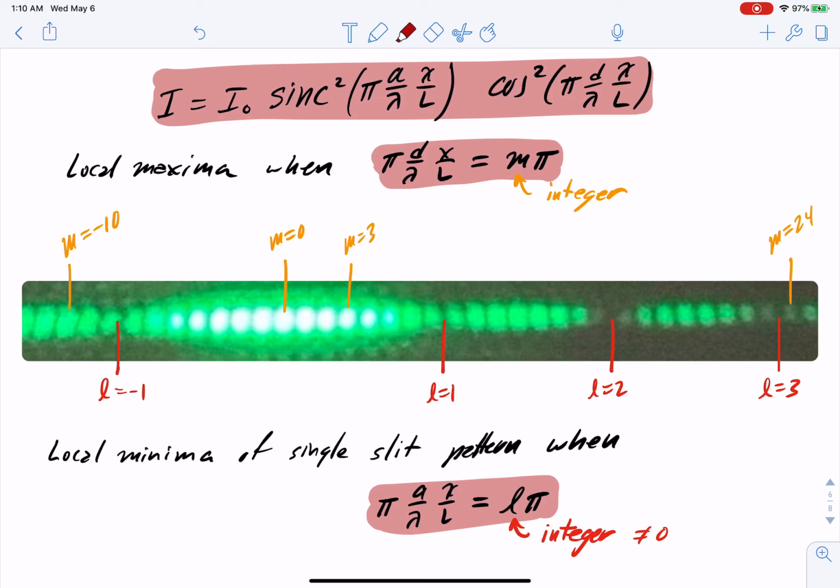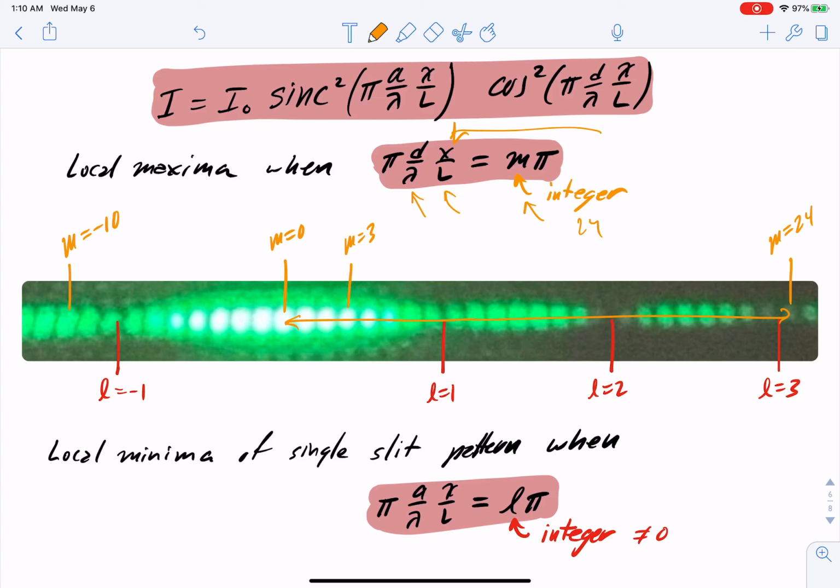So if you measured the distance from here out to the 24th maximum, you know that m is 24. And you've determined what x is. So if you know the wavelength of light you're using, and you knew how far away the screen was from the slit, you'd know everything in here except d. So that's sort of the plan.